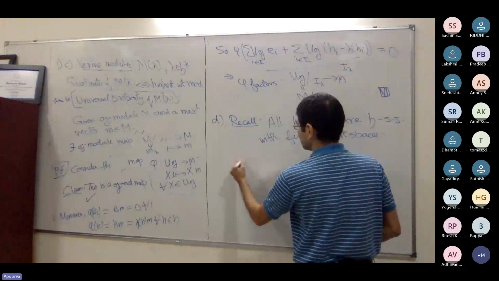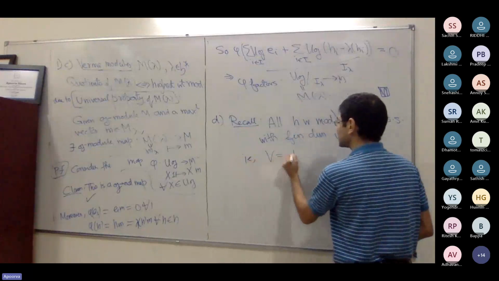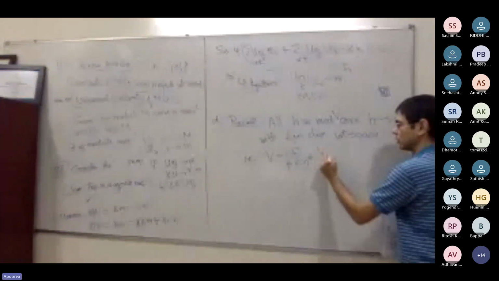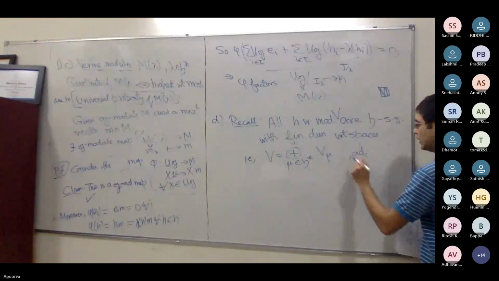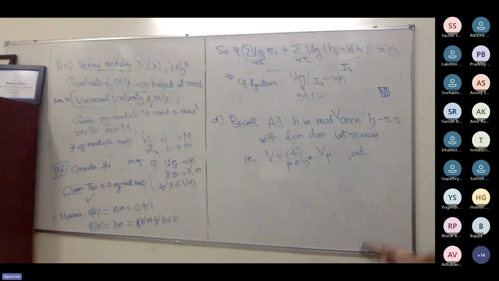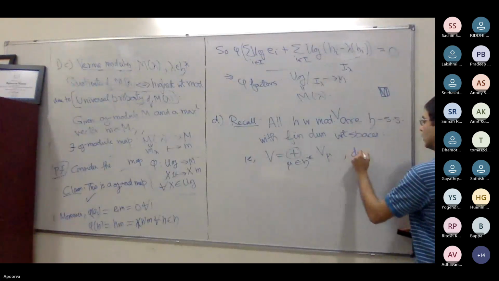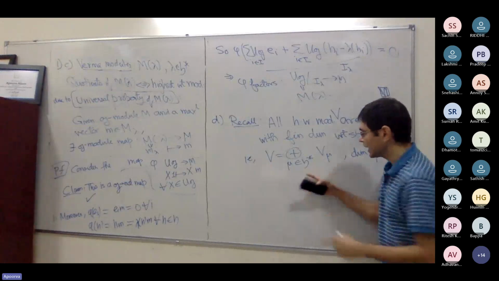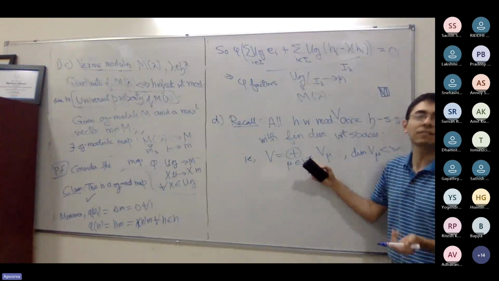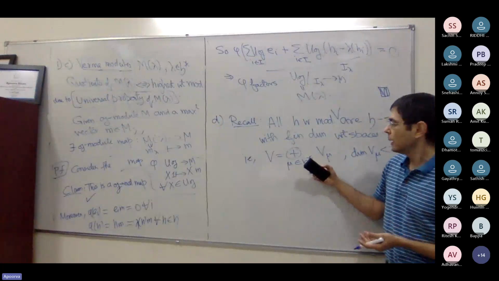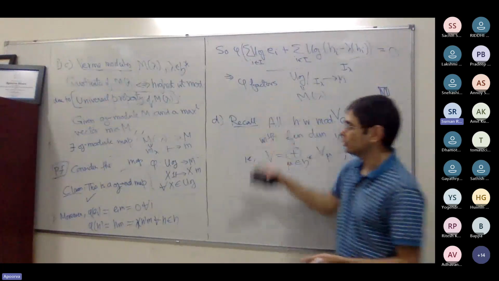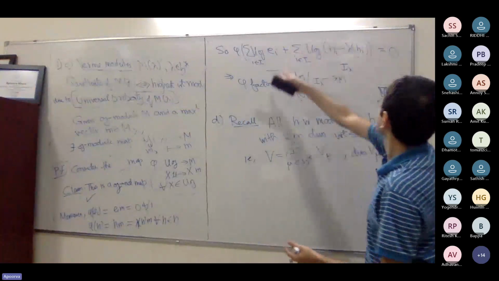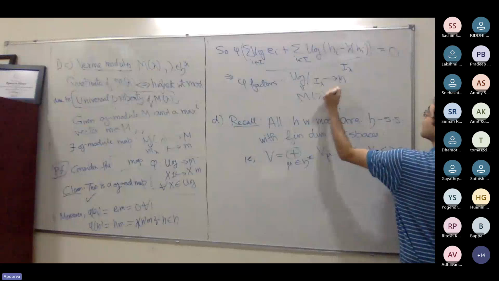I mean that V is the direct sum over mu in H star of V mu, and the dimension of each V mu is finite for all mu. But now, can I improve on this H star? A priori, mu can be any weight in the dual of the Cartan algebra. But because this is a quotient of the Verma module, remember the weights of the Verma module themselves, how do we get them?